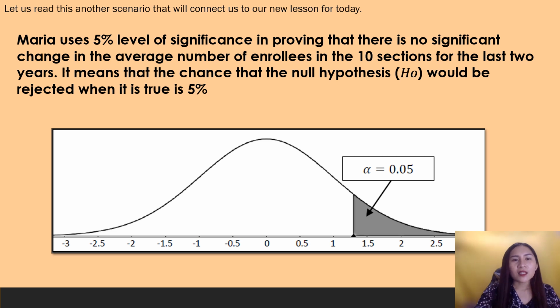It means that the chance that the null hypothesis would be rejected when it is true is 5%. Okay, review first the illustration. I know that you're familiar with that, but I want you to ignite your prior learning on what the illustration signifies. I will give you 1 minute for that.